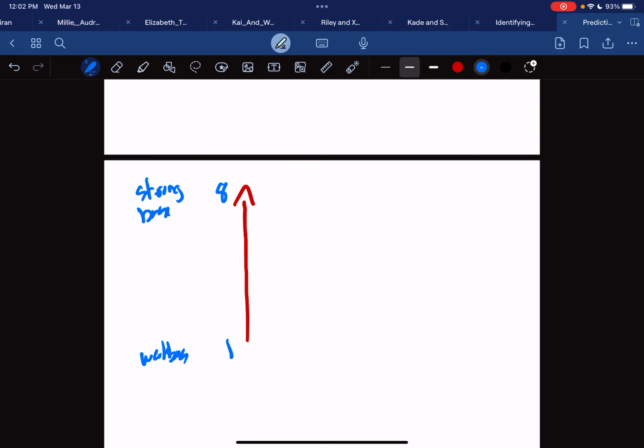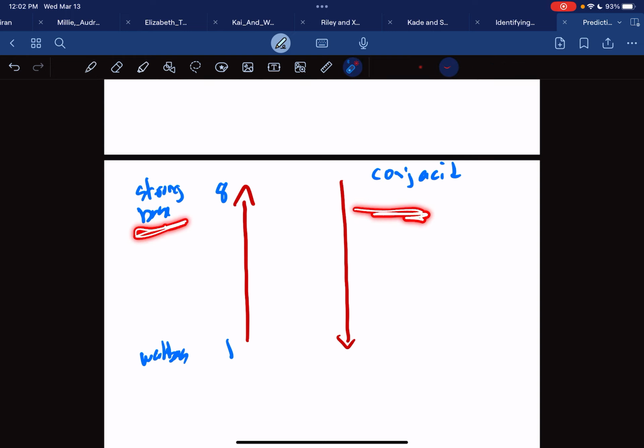Now, flipping it around, these are the conjugates of these guys over here. These are the conjugate acids, right? The stronger our base, the weaker our acid. So as we go down, as our bases become weaker and weaker, our acids become stronger and stronger, right?